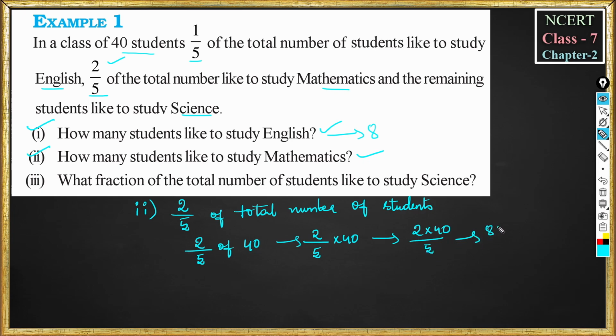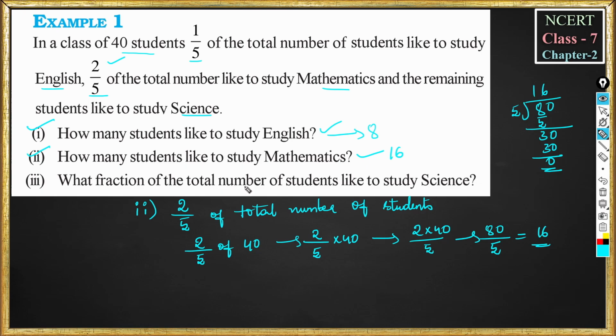That becomes 80 by 5. So 80 by 5 is 80 divided by 5. 5 ones are 5. Remainder is 3. Pull down the 0. 5 sixes are 30. Remainder 0. So 80 by 5 is what? 16. So 16 students like to study mathematics.